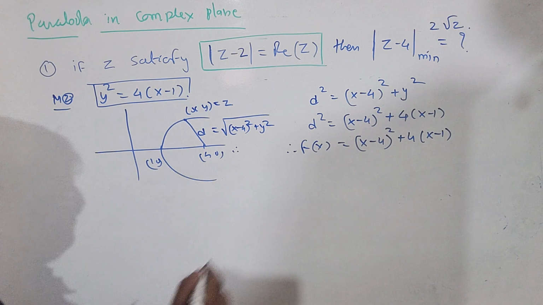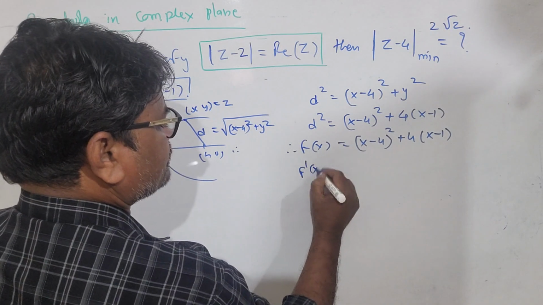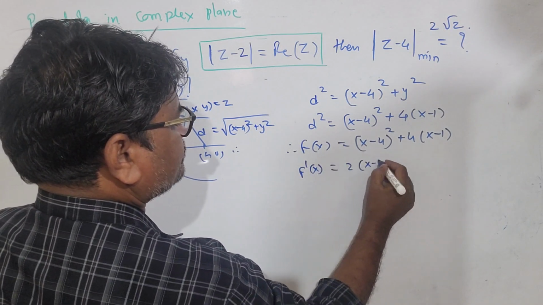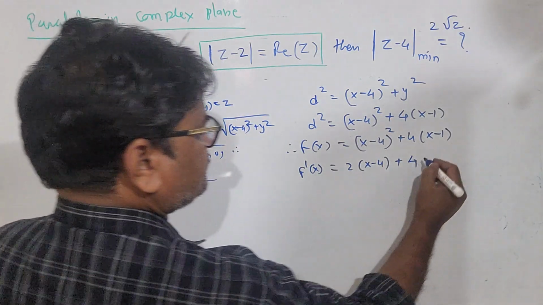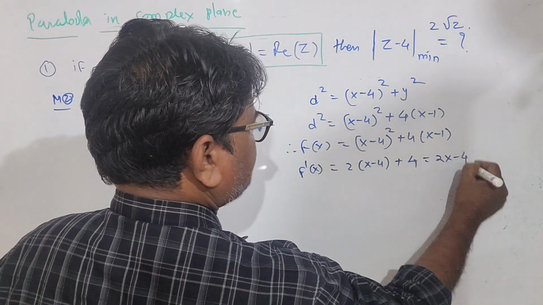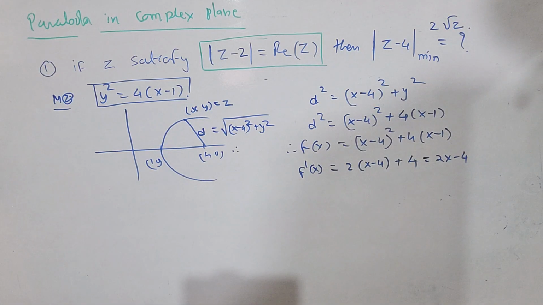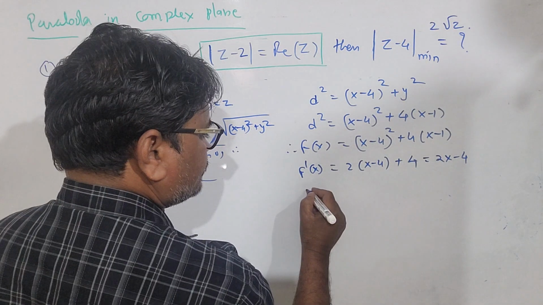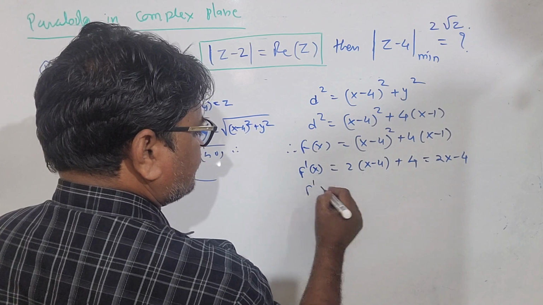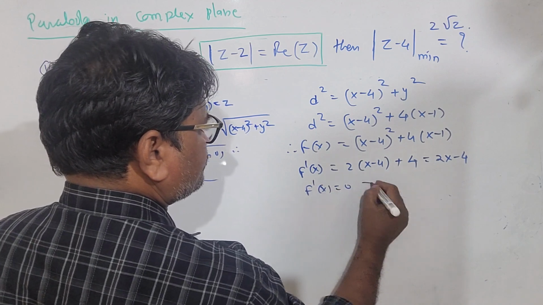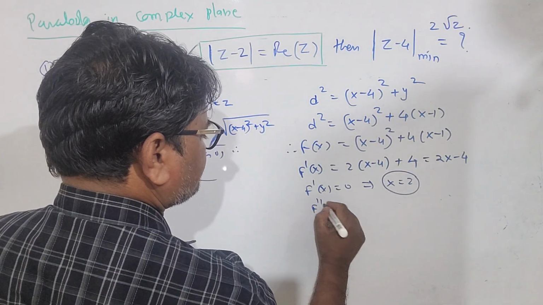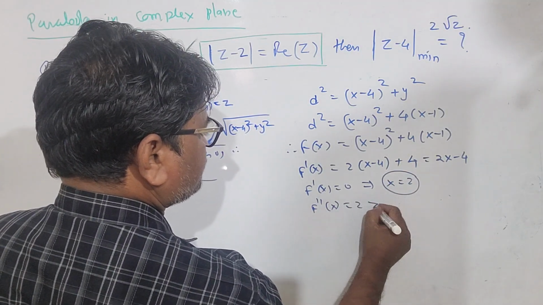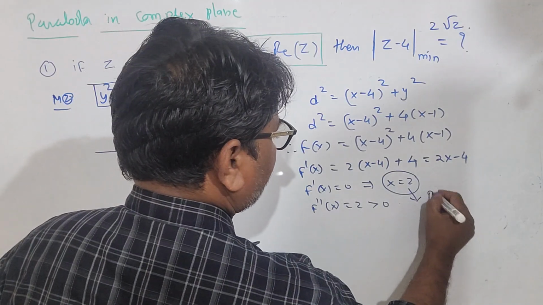So we can find out f dash x. f dash x will be 2 into (x minus 4) plus 4, that is simply 2x minus 4. Correct? Now f dash x equal to 0 gives x equal to 2. And f double dash x is 2, that is greater than 0. Therefore it is a point of minima.